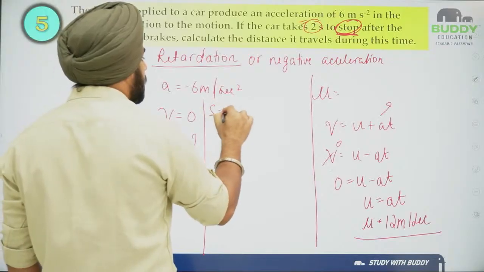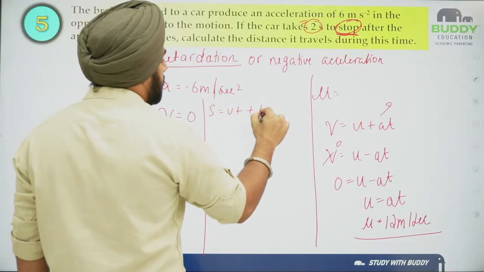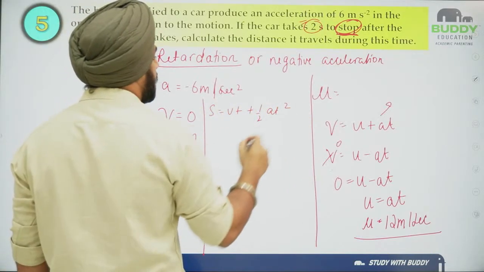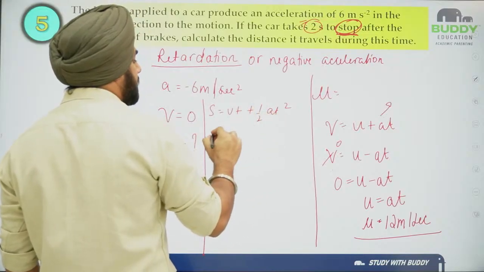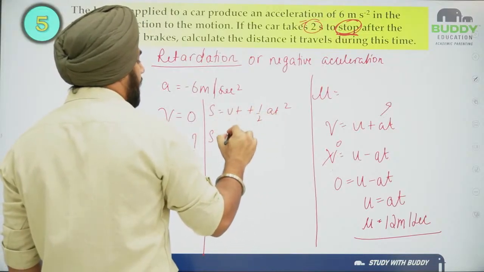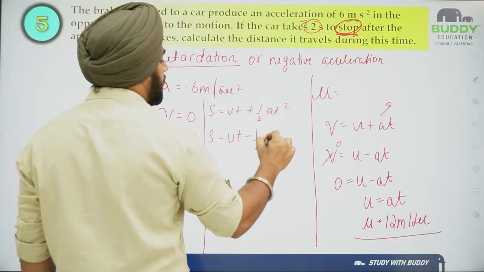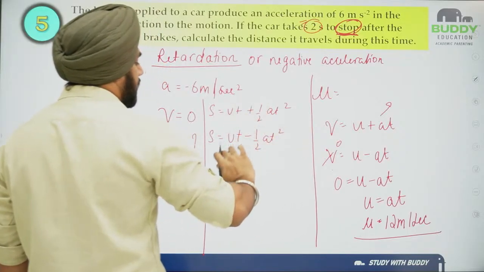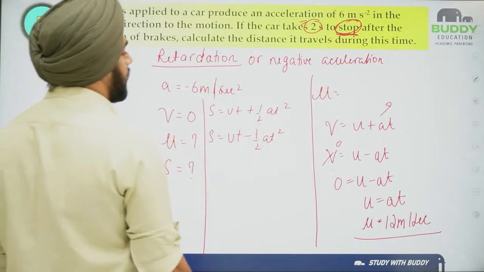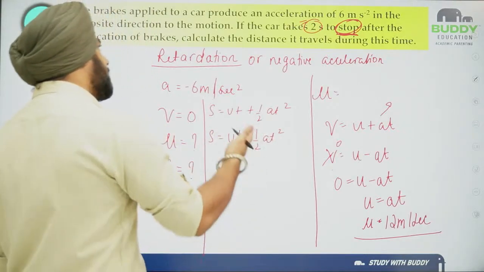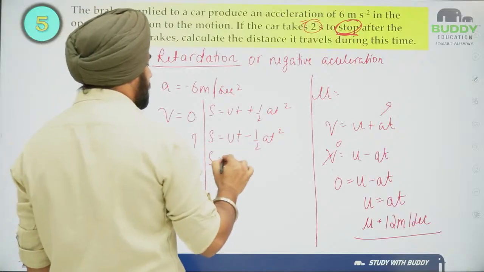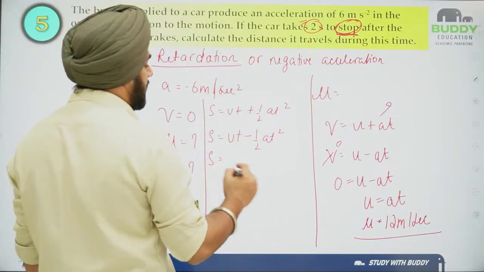S is equal to ut plus half at square. Now here the acceleration is negative, so the equation will change from S is equal to ut plus half at square to S is equal to ut minus half at square. Okay, so just put the values now. S is equal to, u is how much? 12 meter per second.